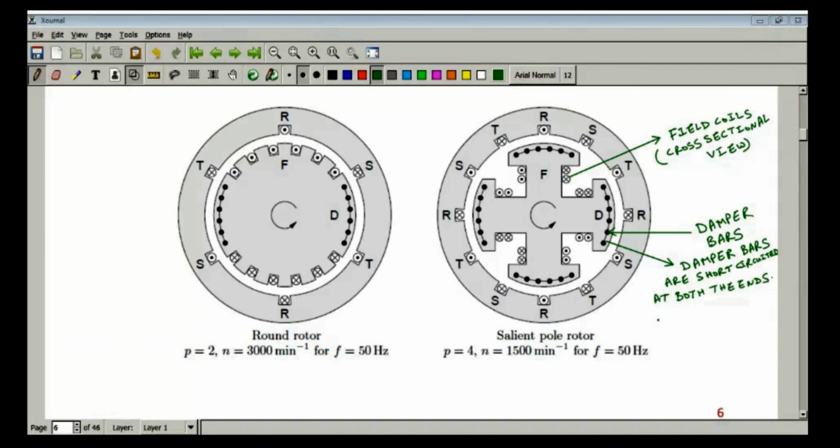So these damper bars are like squirrel cage rotor. So this is also a damper bar. This thing is also a damper bar.